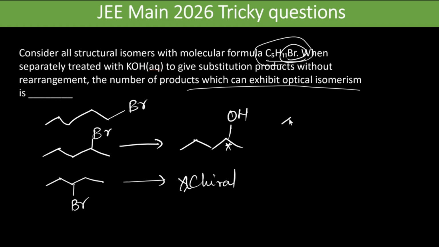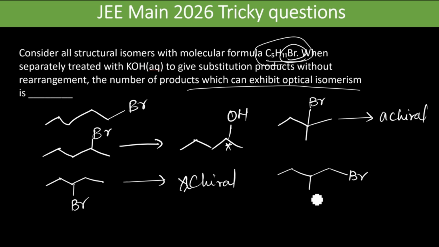What about 2-bromo-2-methylbutane? 1, 2, 3, 4, 5. Again this will be achiral after forming OH. And what about 1-bromo-2-methylbutane?